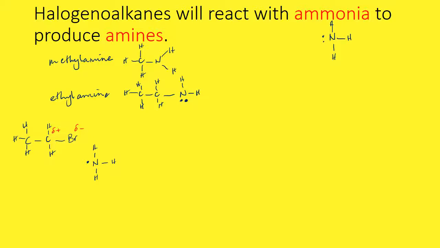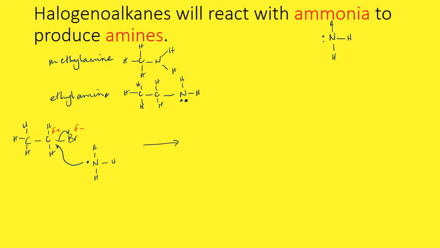So that's our lone pair on the nitrogen, and it's that lone pair that attacks our positive carbon atom, and as it does so, it forms that new bond. But carbon can only have 4 bonds, so the bond between the carbon and the bromine breaks, and the 2 electrons that are in that bond go to the bromine atom, as we have drawn with that curly arrow there.